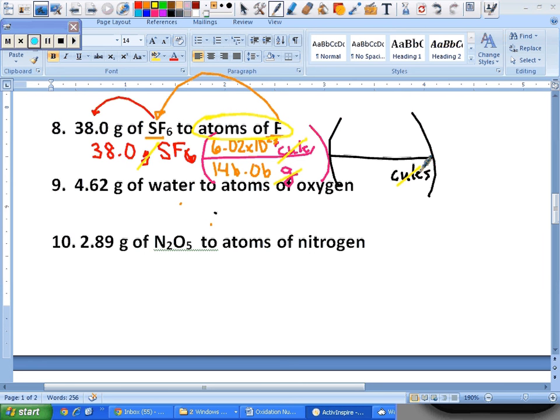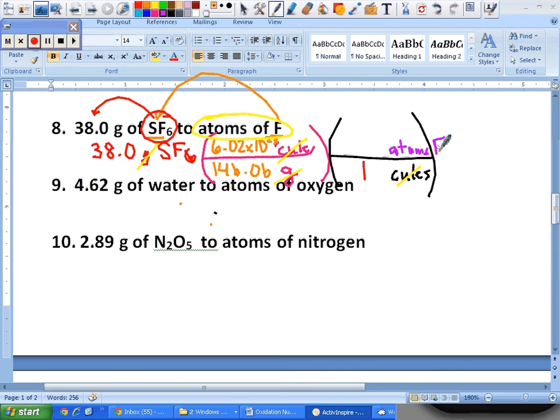Okay. Now, is this a molecule? Is that one molecule? Okay, follow along with me. This is one molecule. How many F's are in that one molecule?